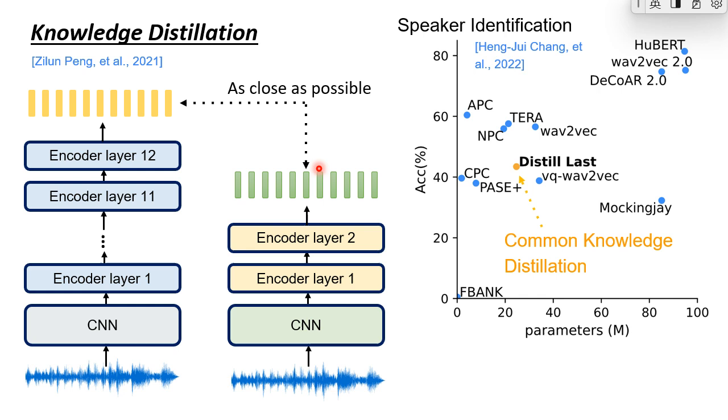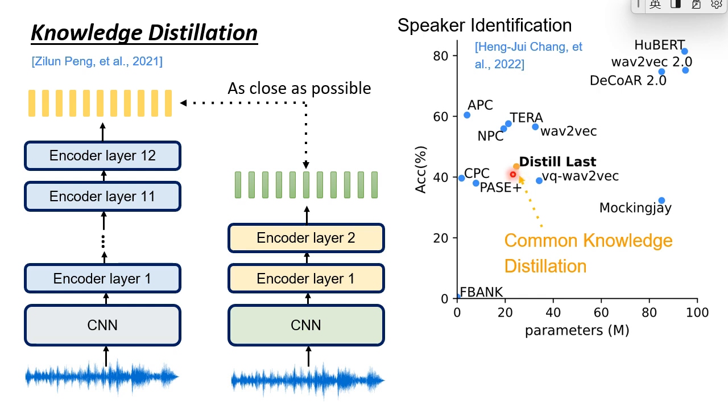However, we found that if we only apply typical knowledge distillation, this approach does not always get good performance on all the tasks. For example, typical knowledge distillation does not work well on speaker identification. So in this experiment, we compress HuBERT by knowledge distillation, so we have a smaller HuBERT.